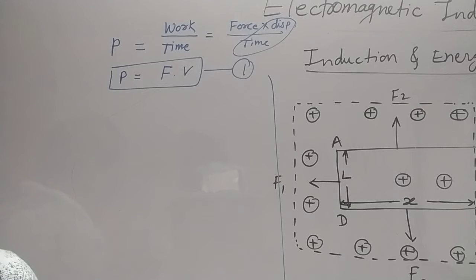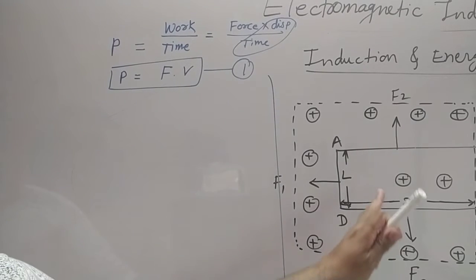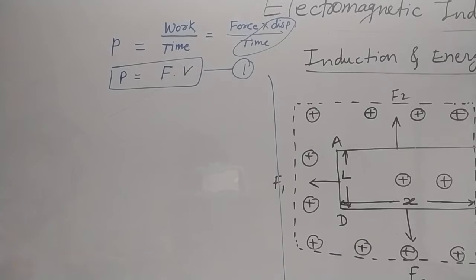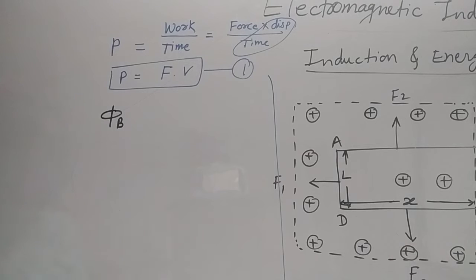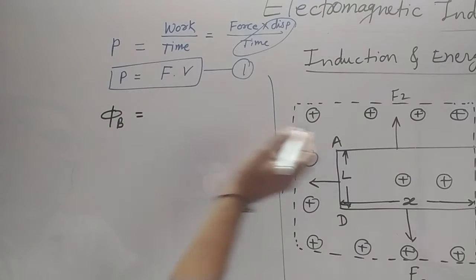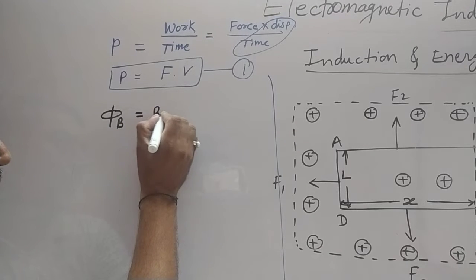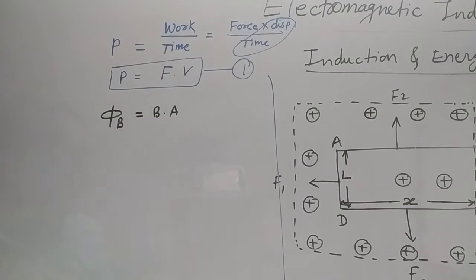Now another part: the magnetic flux linked with this coil, which is moving in the magnetic field, can be written as phi suffix B. It equals magnetic induction B into area of the coil A, which we also saw in the last period.